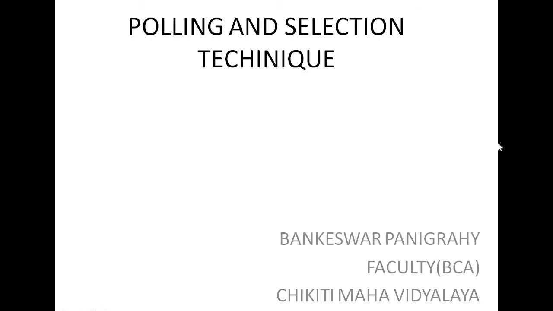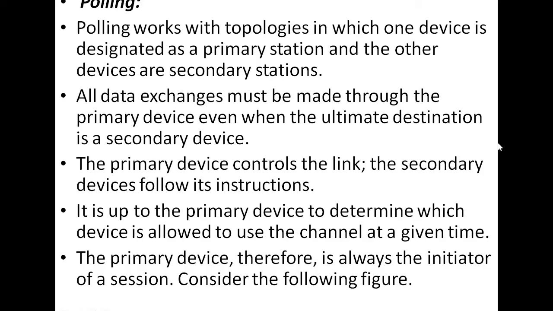We may go through the notes. Here it is given: polling works with topologies in which one device is designated as a primary station and the other devices are known as secondary stations.